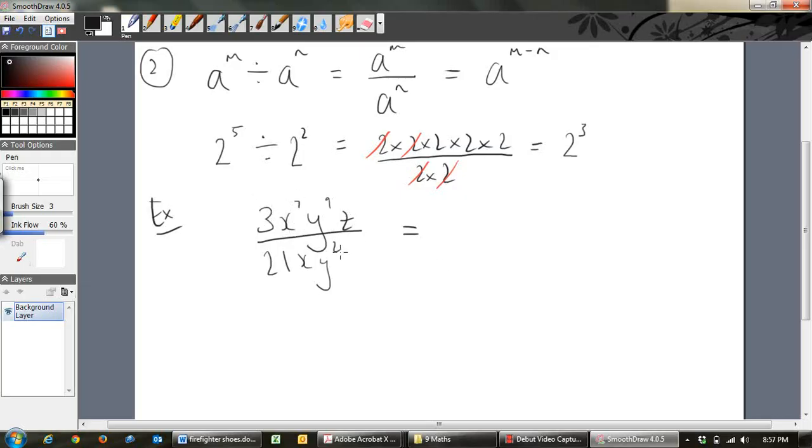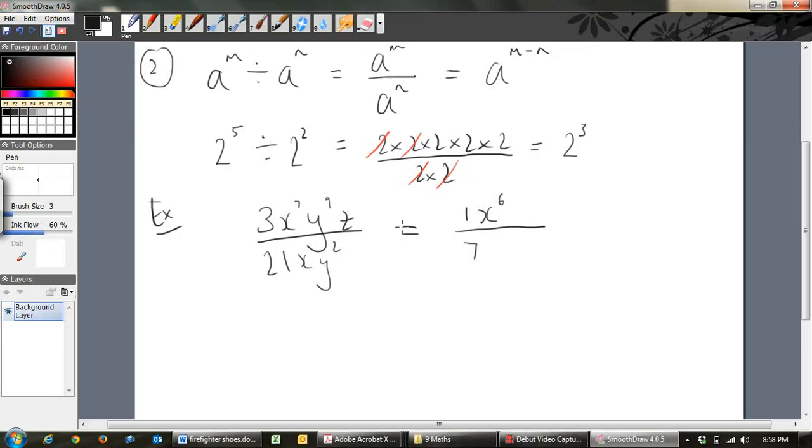With the numbers, do exactly the same as what you'd do if you just had a fraction. 3 over 21, well, that could be simplified. That has a common factor of 3. So take 3 out of both of these, and you get 1 over 7. Now let's deal with the x's. We've got x to the power 7 on the top and just an x on the bottom, so x to the power 1. So the answer will be x to the power 7 minus 1, which is 6.